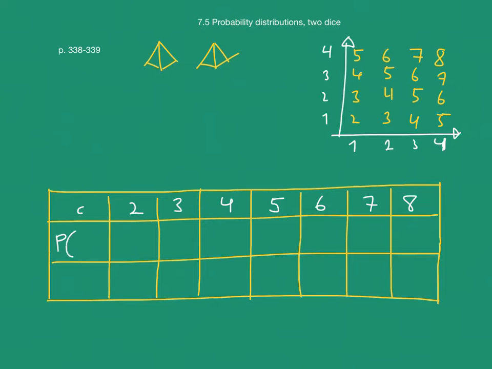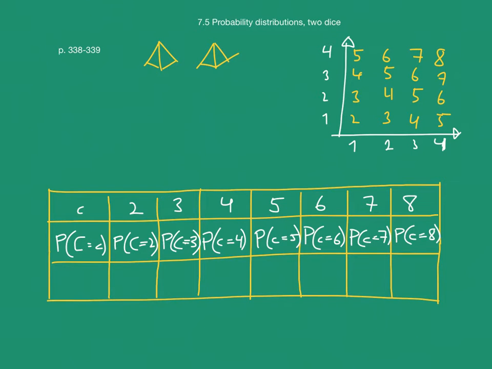So the probability that our variable capital C equals the small c, which is the value of C. So that's the probability that C equals 2, probability that C equals 3, probability that C equals, and I'm just going to fill out the rest like this.